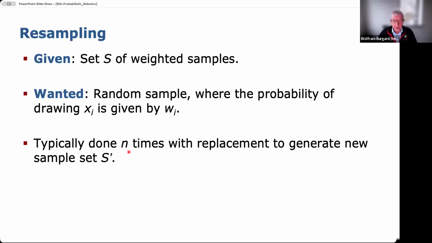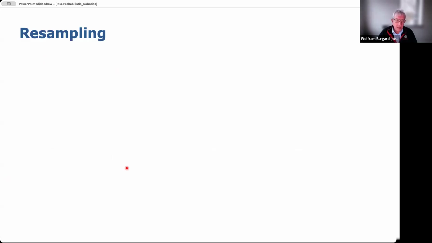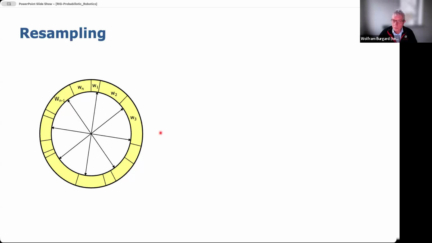Typically this is done n times with replacement to get a new sample set S prime. Mathematically, this is usually done with a roulette wheel concept, which is a representation of what is happening there.